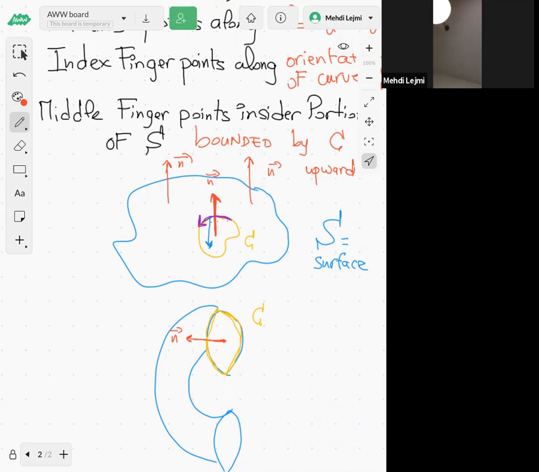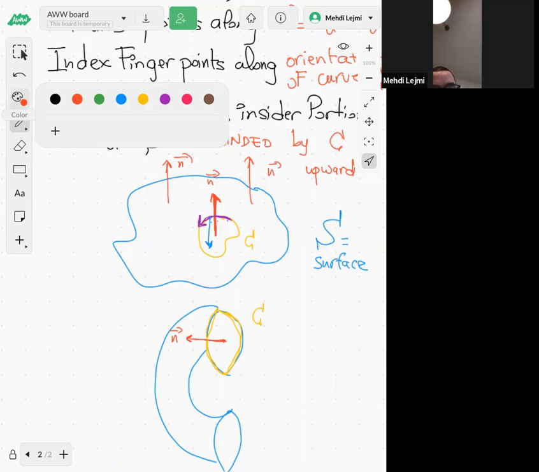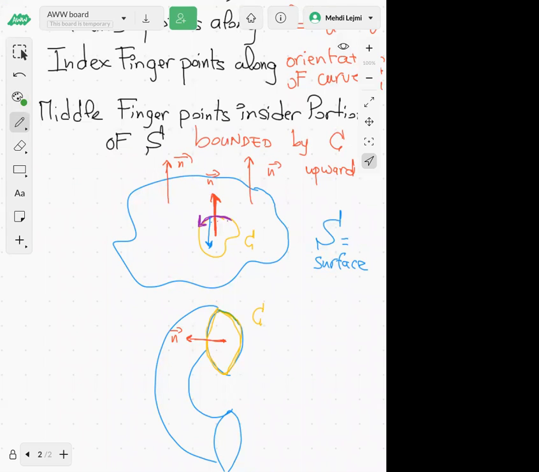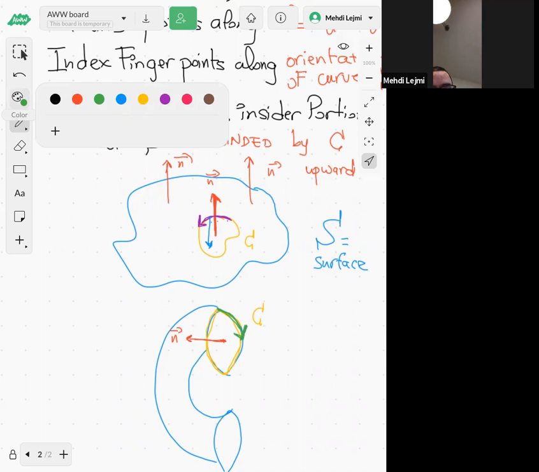The index finger would point along the orientation of C, and then the middle finger points inside the portion of S bounded by C. So in this case, the orientation of the curve would be in this direction, and because your middle finger points inside, the middle finger would go inside.